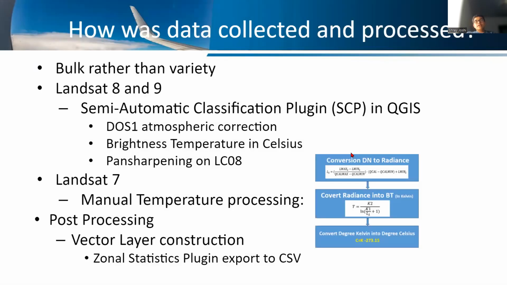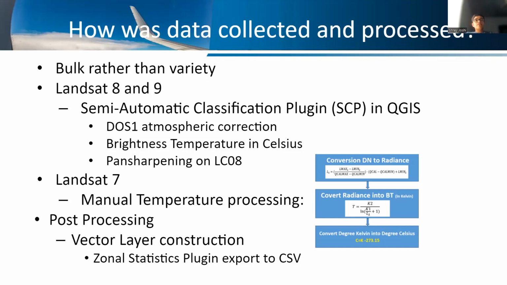To process this data, there were two steps: pre-processing and post-processing. This bulk of data was pre-processed similarly, which was more efficient than having a variety of different processing methods for different kinds of data. The Landsat 8 and 9 data was processed using a special plugin called the Semi-Automatic Classification plugin in QGIS, which is open source GIS imagery analysis.